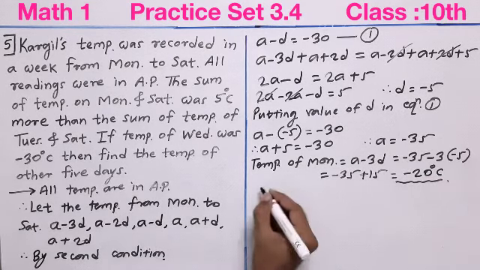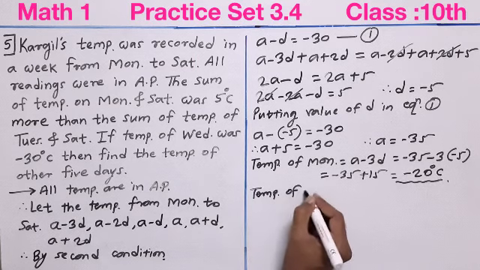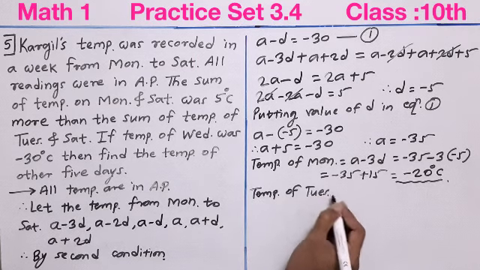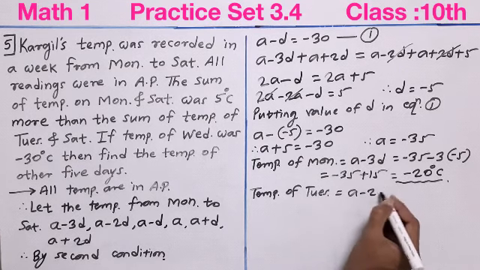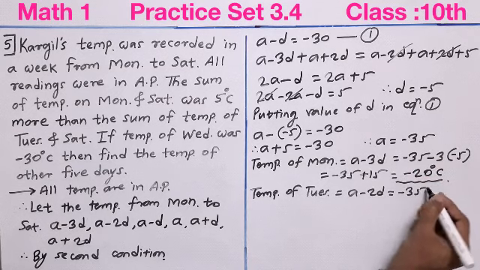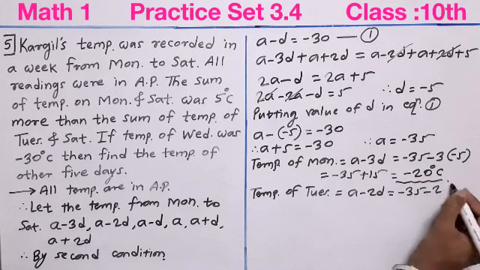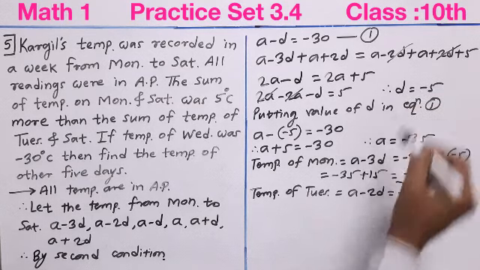Now the temperature of Tuesday. Temperature of Tuesday is a minus 2d. Value of a is negative 35, minus 2 in bracket, the value of d is negative 5. Every time you have to see here the values of a and d.